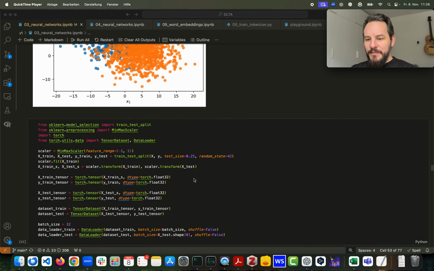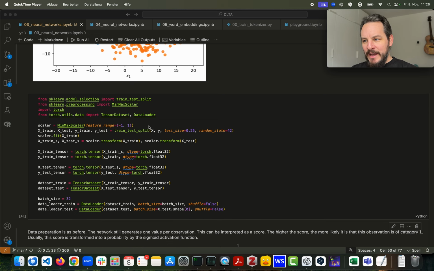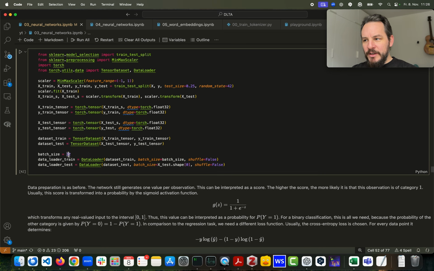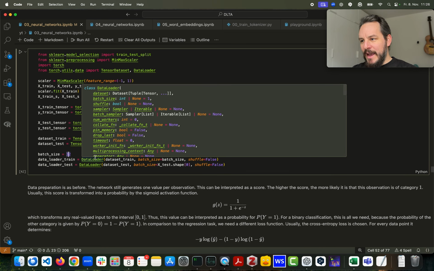Now after the normalization, x1 and x2 are all bound within the range between -1 and 1. And we split the data into training and test data here. And we are going to always sample 32 observations each time when we do a gradient iteration step.